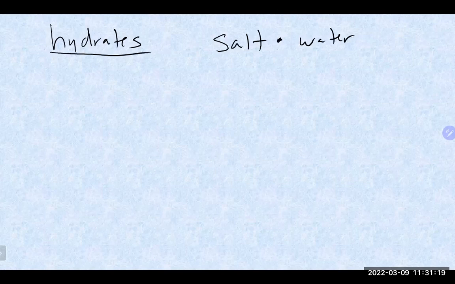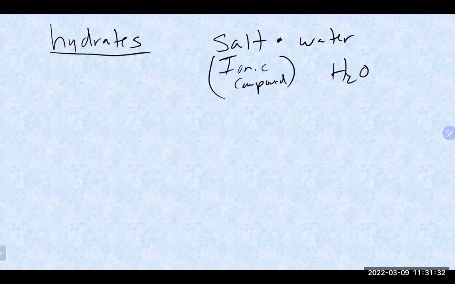And a salt is an ionic compound, and obviously water is H2O. So hydrates have really weird looking formulas, and they have this little dot that typically comes in between the salt part and the water part.